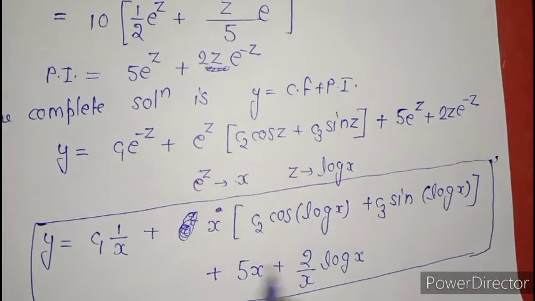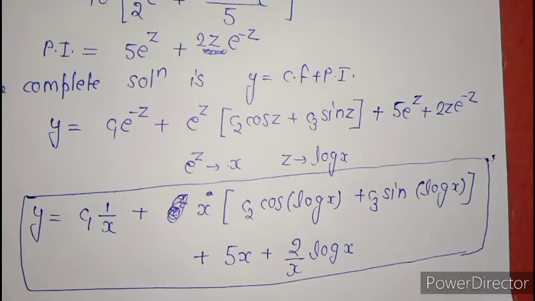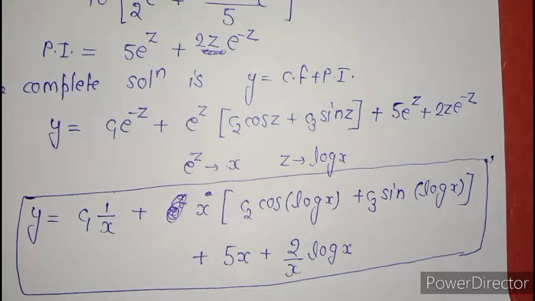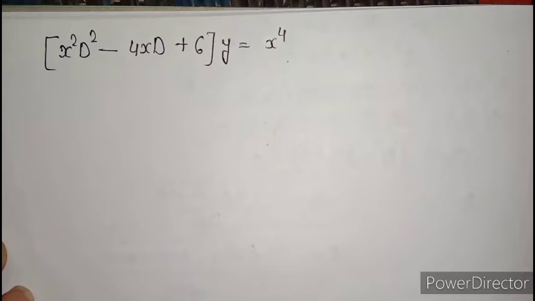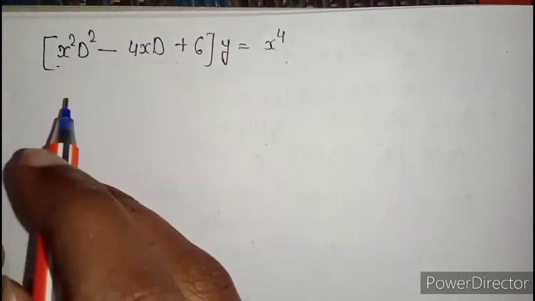I hope you understand our first example. Now I am going to take our next example so that you can understand this concept very clearly. So this is our next example. Now you can see this is also present in the Cauchy-Euler form.